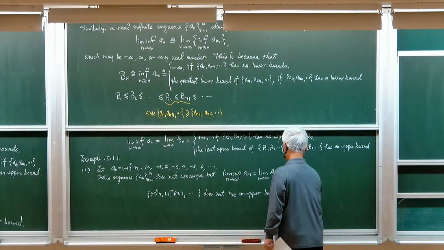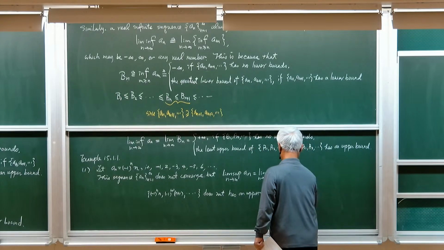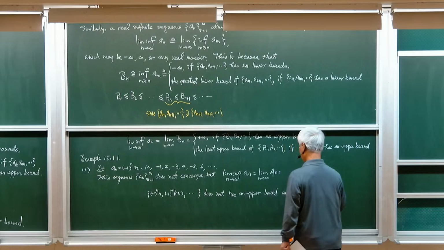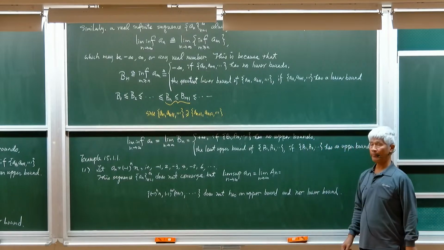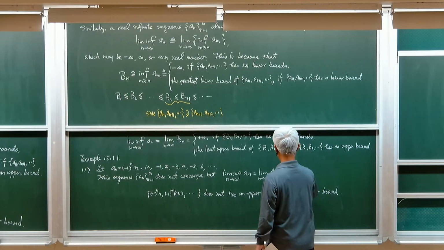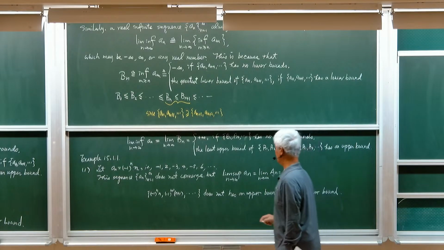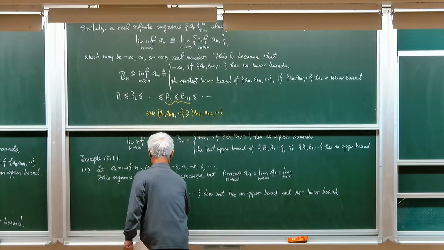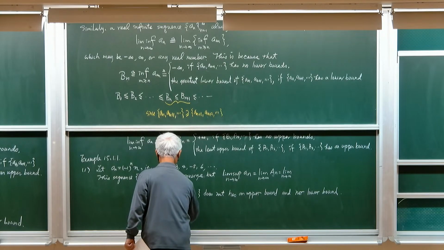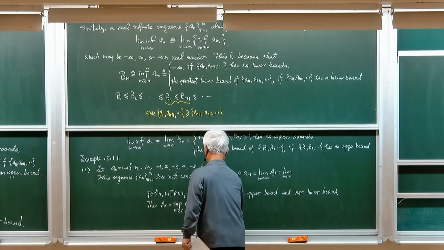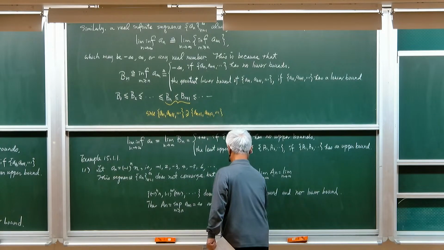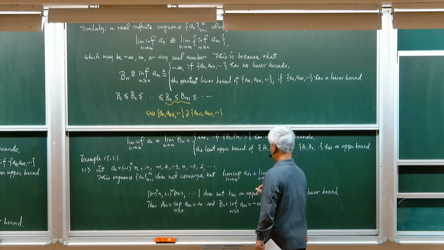And no lower bound. So you see that for every n, the supremum An is always infinity, and Bn, which is the infimum, is always minus infinity.